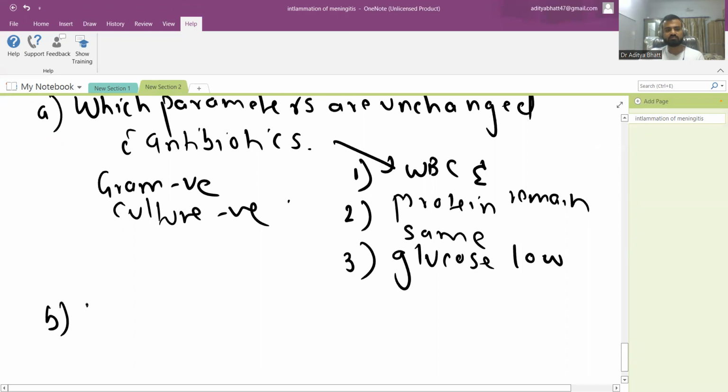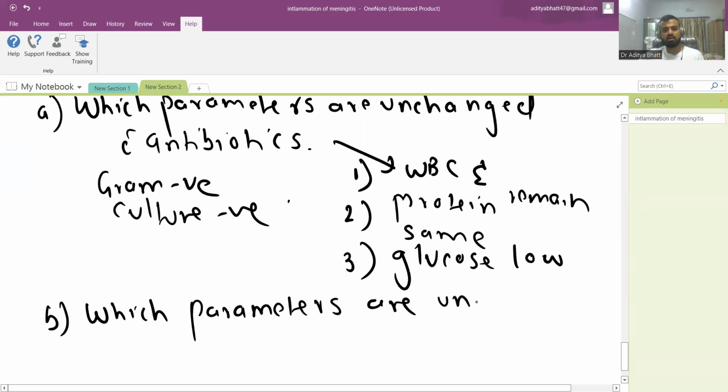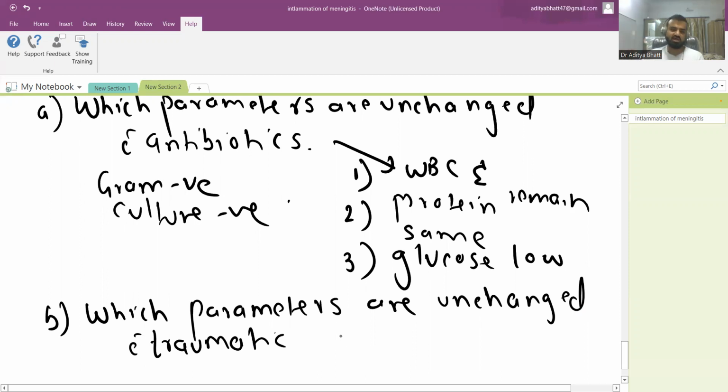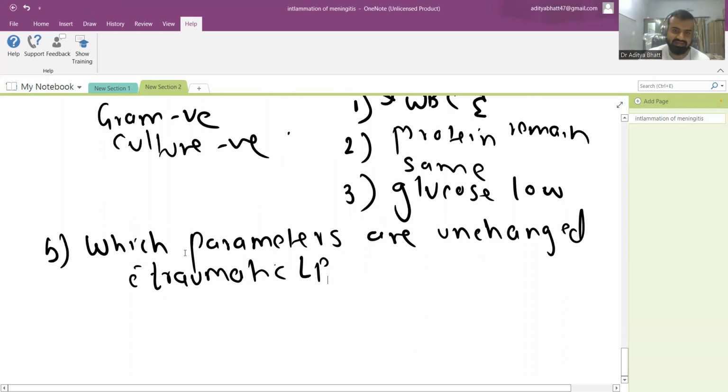The other thing is which parameters are unchanged with traumatic LP. So you did a lumbar puncture and you punctured an artery. Which parameters are unchanged in a patient with traumatic LP?